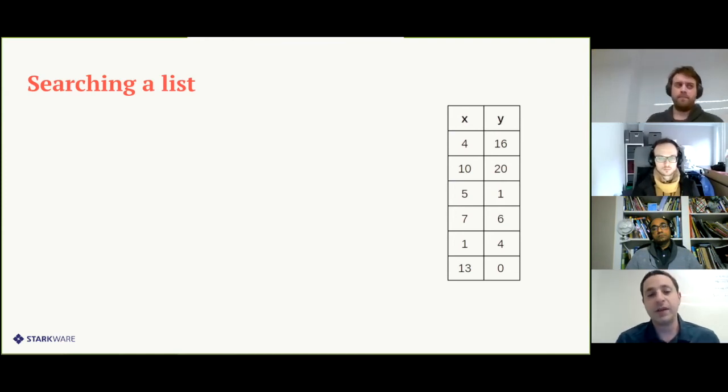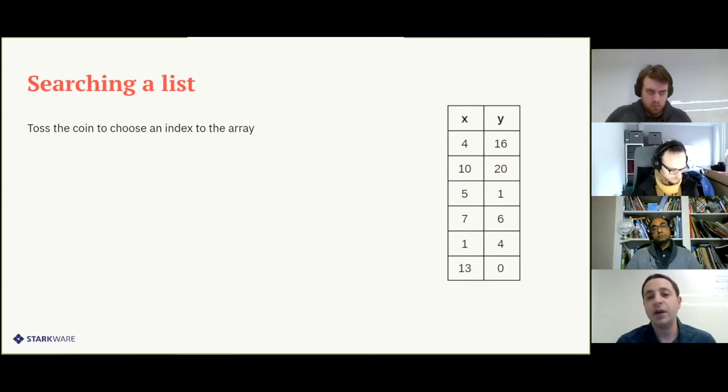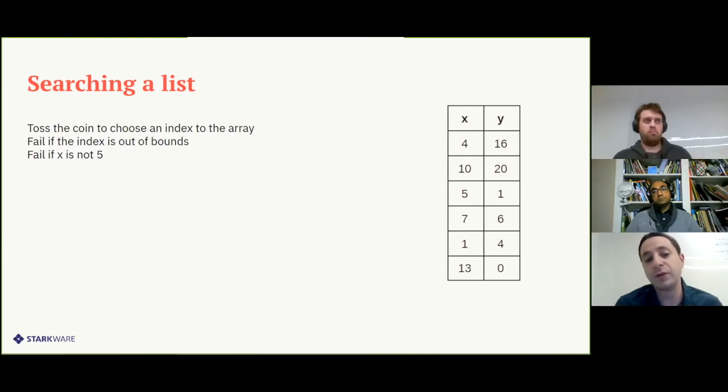So what you're going to do is toss the coin to let it choose an index to the array. Then if the index does not fall in the bounds of the array, you just fail. If the index is not on x equals 5, you also fail, and then you return y.